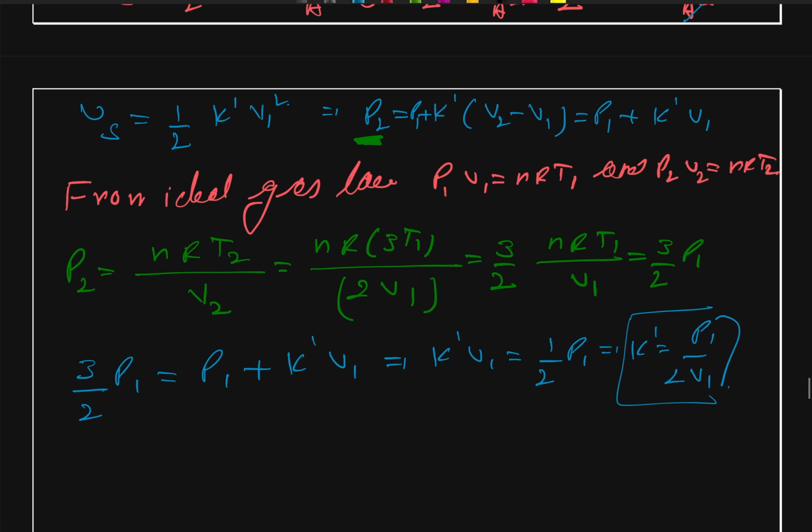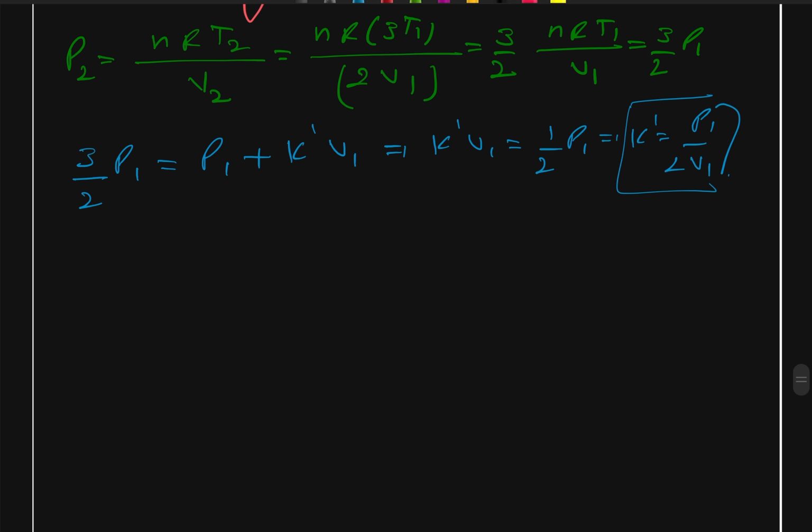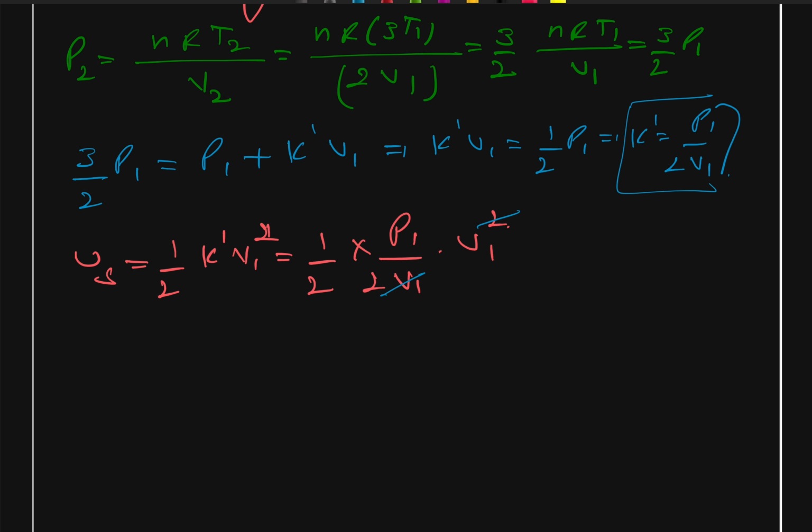So in case of spring, we can just substitute our K prime now. So the energy of our spring, which was 1 by 2 K prime V1 square, is equal to 1 by 2 P1 upon twice V1 times V1 square, and this V1 square cancels out by the V1. So we get this is equal to 1 by 4 P1 V1. So option A is correct.